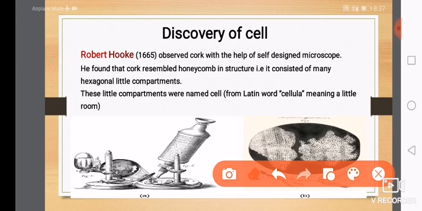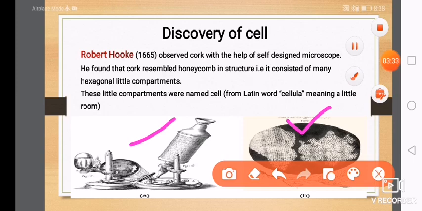Here, the diagram you see is the microscope that Robert Hooke used, and this is how the cork looked under the microscope. So who discovered the cell?